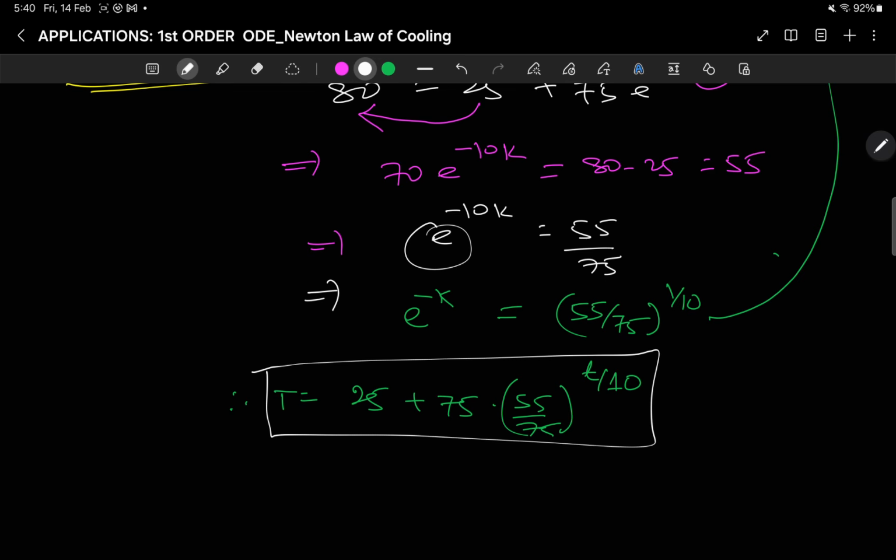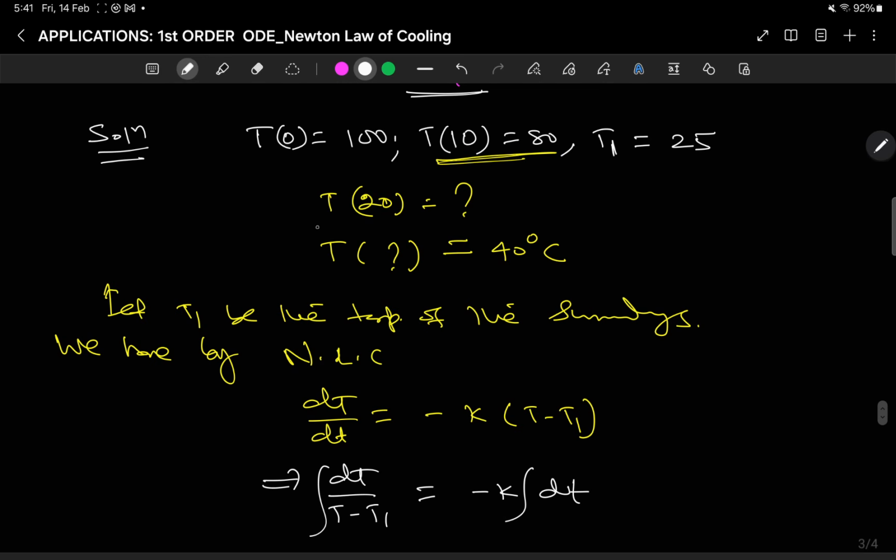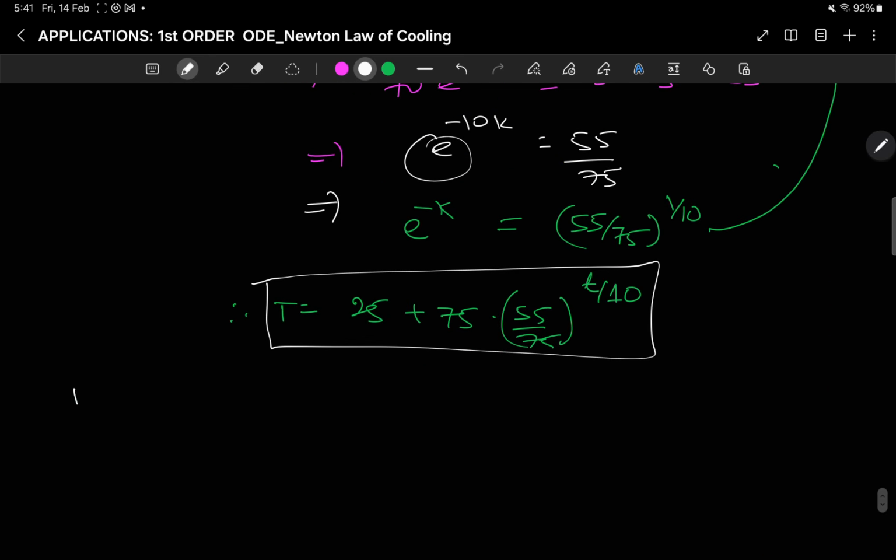Now next it is asked, T of 20 is what? So we find T of 20, the temperature after 20 minutes.